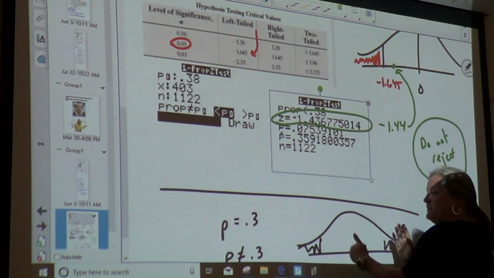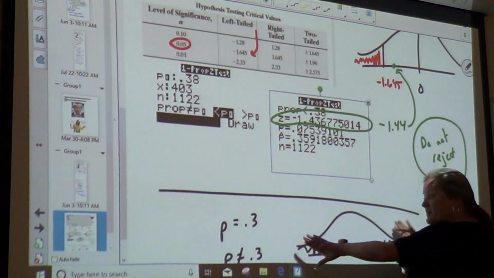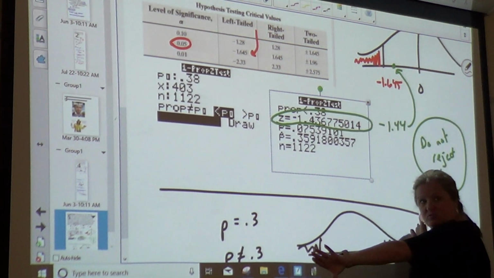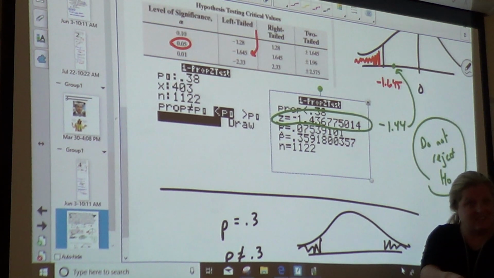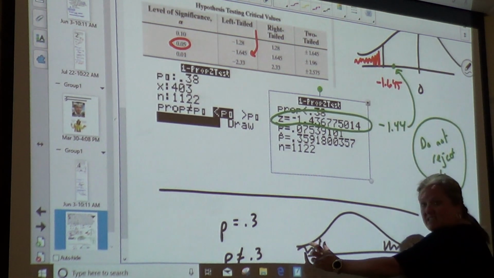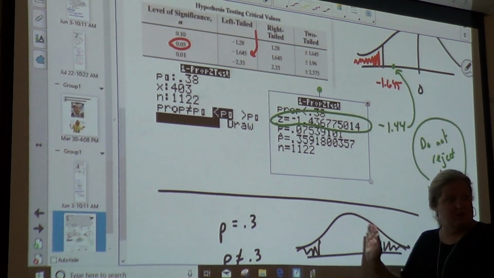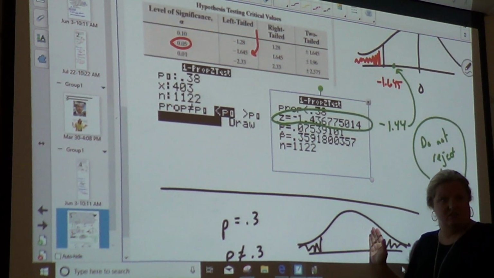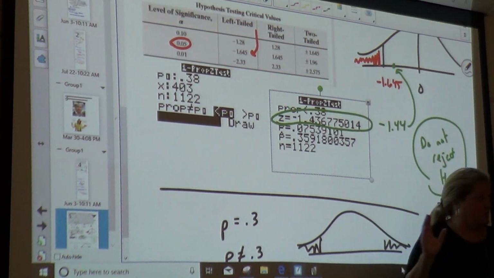So it's going to do a plus 1.65 and a minus 1.65 or whatever. And because it's two tails, you're going to shade in both directions. So when you go to your calculator and you get your Z, if your Z falls in either one of these, then you're going to reject it. But if your Z falls anywhere here, then you're not going to reject it. So it's the same way, it's just doing two tails versus one tail.